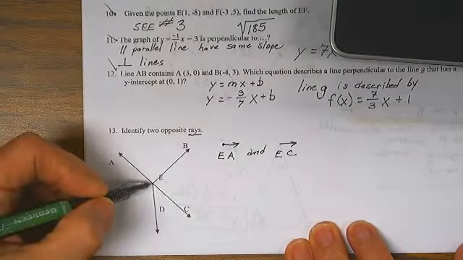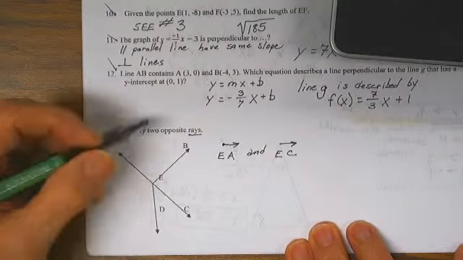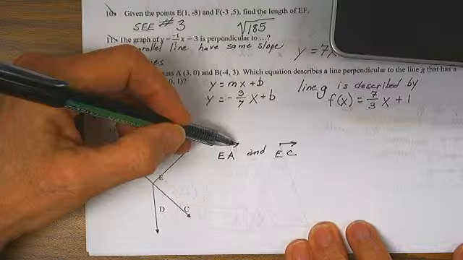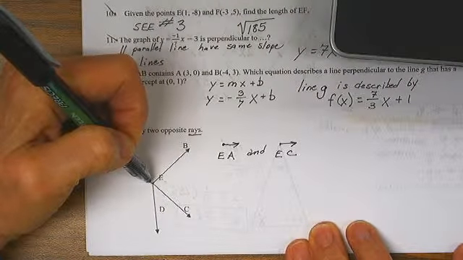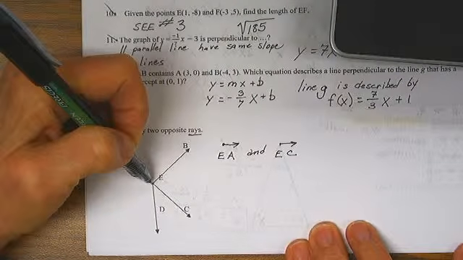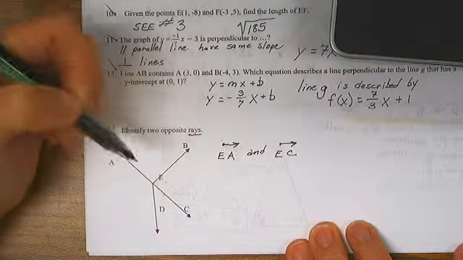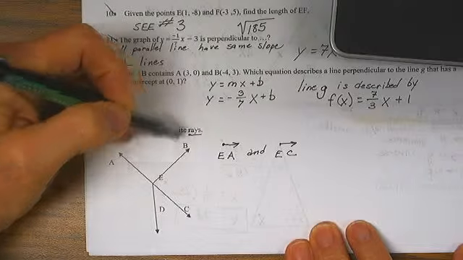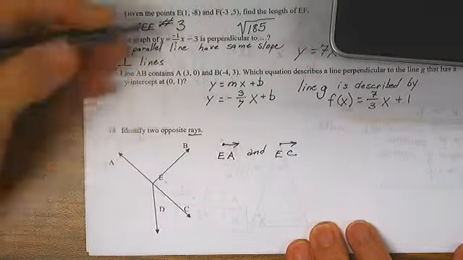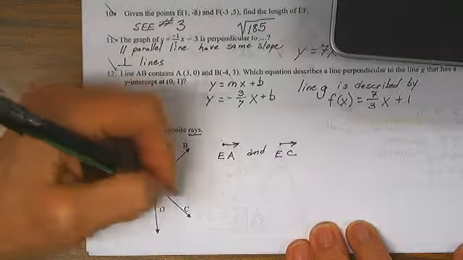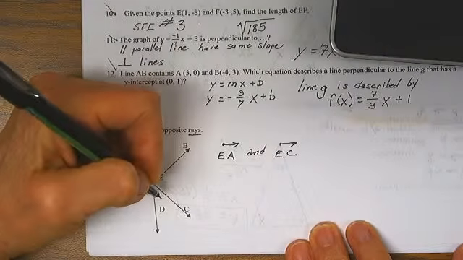We notice that we label the ray with a point and an arrow above. The point at which the ray begins is named first, and opposite rays, of course, will begin from the same starting point or vertex. On to problem 14.